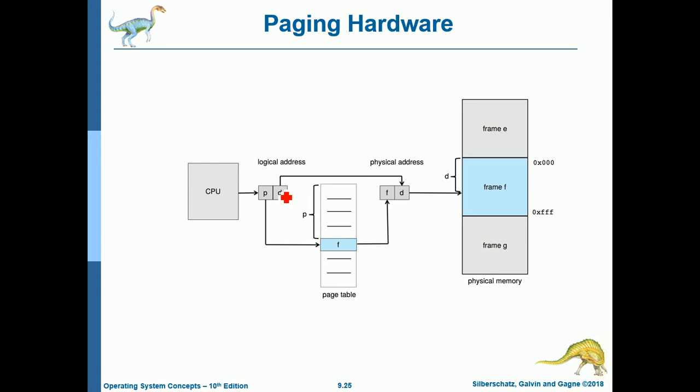Once the page number is located in the page table, for example, this is F, it is combined with the page offset, and this will be the physical address used, so that it will be situated inside the main memory, or the physical memory.